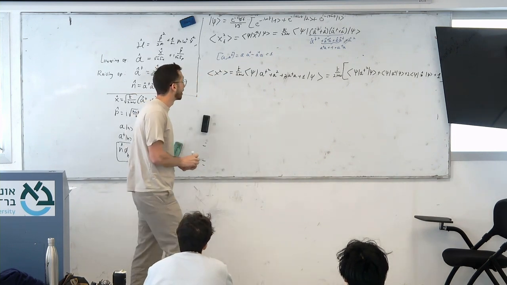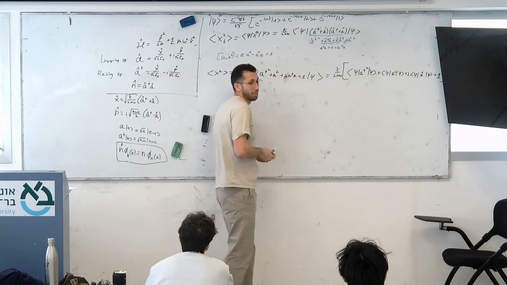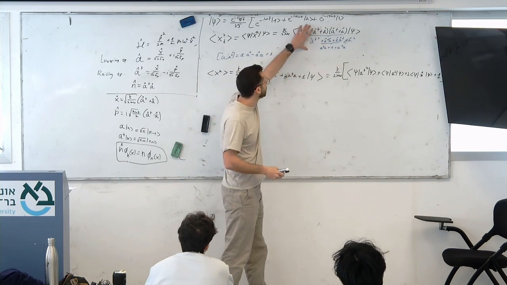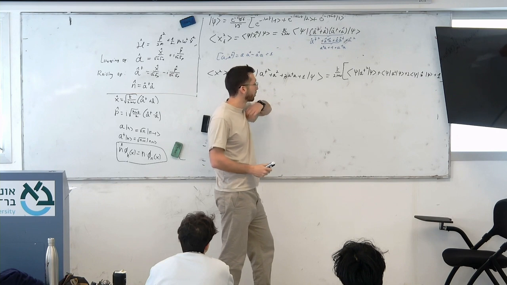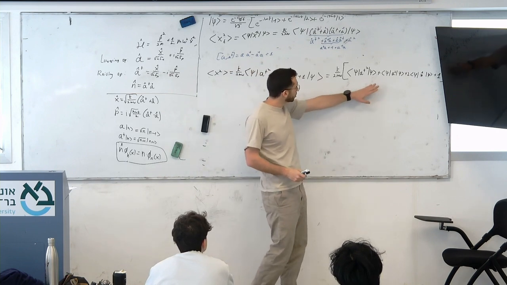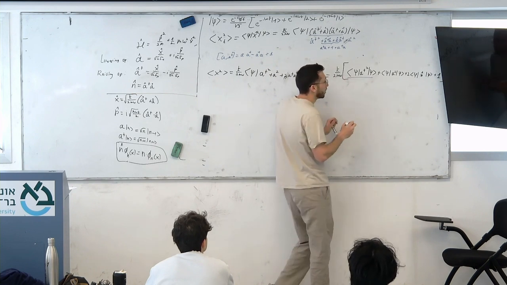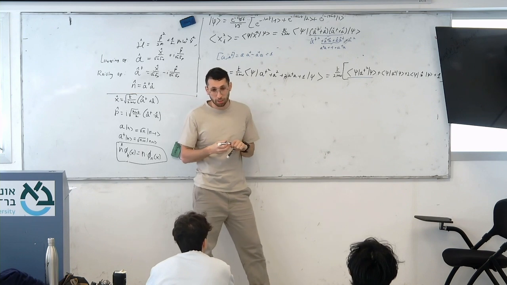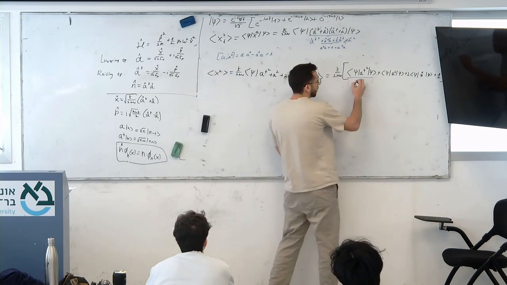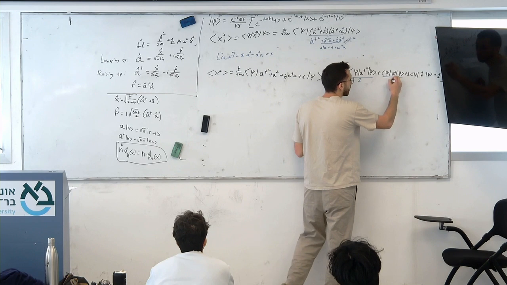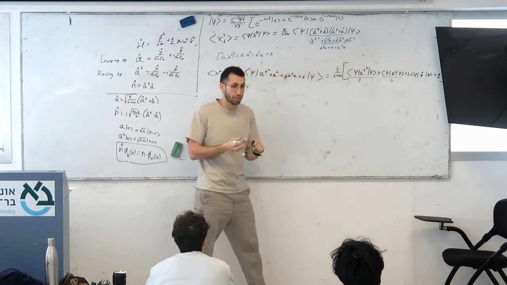Now, first of all, it looks a lot less fearsome than the first thing we had. Now, what we're gonna do is solve first the expectation value of a dagger squared. This is gonna be our first step. The second step is gonna be solving the expectation value of a squared, and so on.